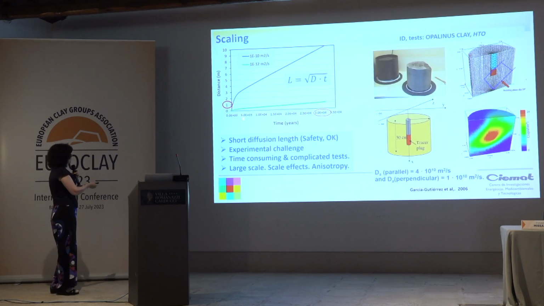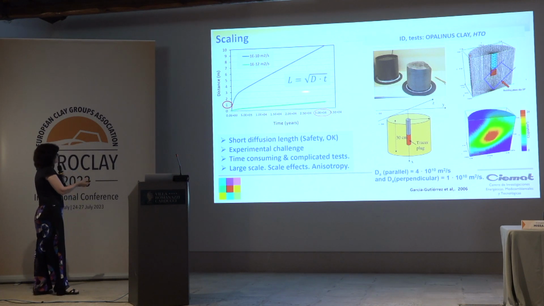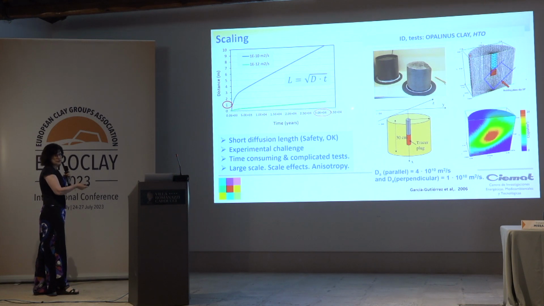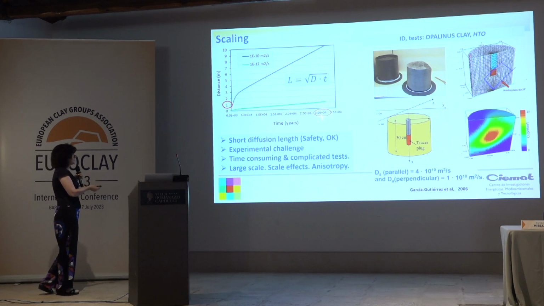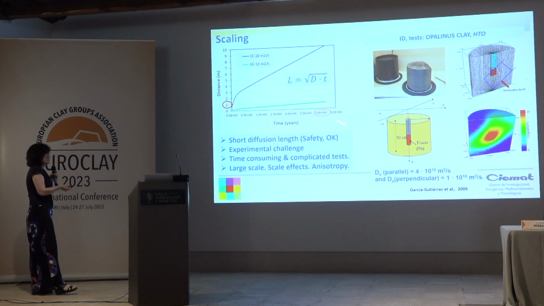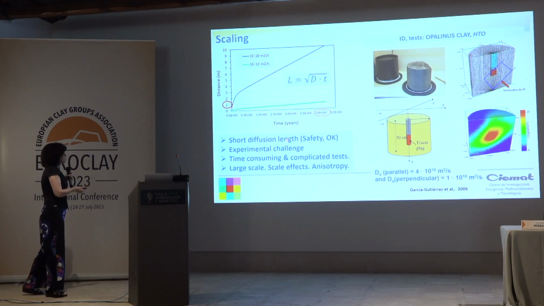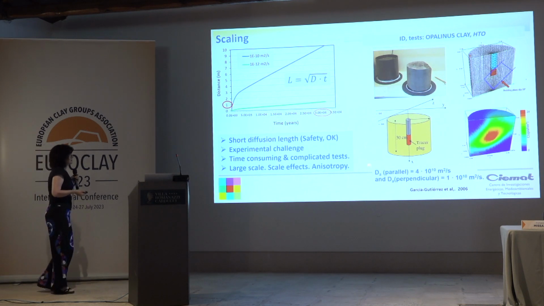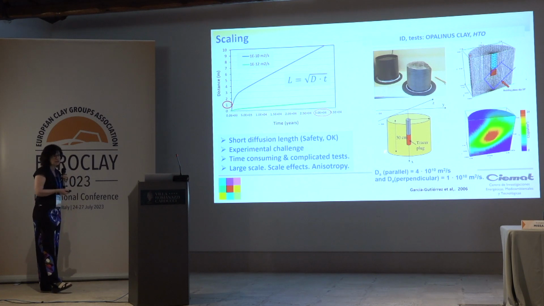This is interesting to see that if we have a diffusion coefficient of 10 to the minus 12 square meters per second, simply calculated with the simplest diffusion equation, to travel 1 meter we need 30,000 years. So, for the safety, this is okay, but we have to consider that these short diffusion lengths generally represent an experimental challenge to measure.